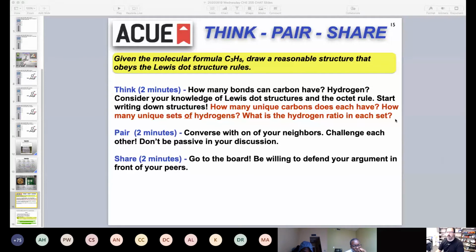But let's go ahead and spend the last couple minutes doing this Think, Pair, Share. Knowing what you know about carbon and hydrogen bonding, if you're given a molecular formula C3H8, draw a reasonable structure that obeys Lewis dot rules.